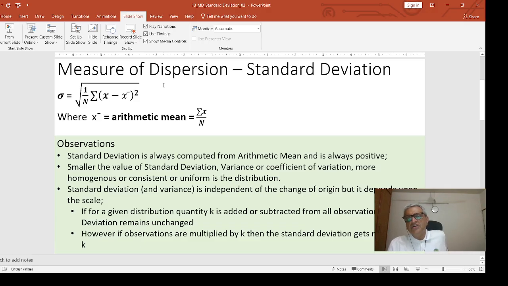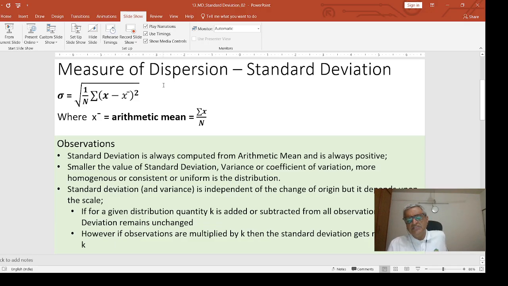In other words, the observations are clustered around the mean. They are close to the mean. If the observations are away from the mean, if the variation is high between the observations and the mean, then standard deviation is going to be high.